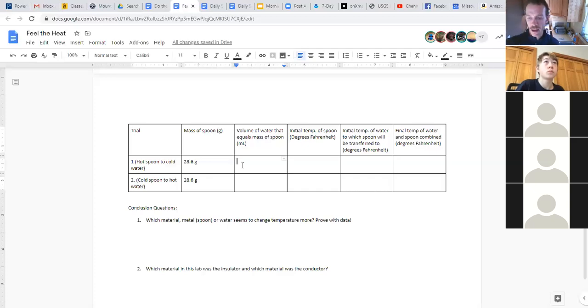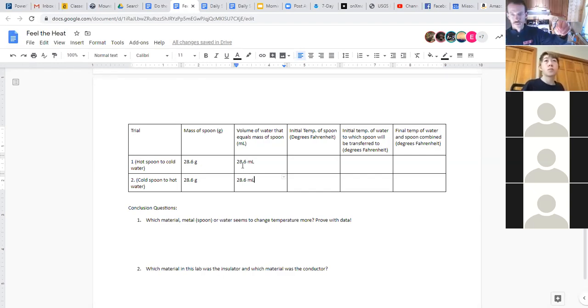So I need to use 28.6 milliliters of water to match the mass of the spoon. If anybody wants to fact check me at home, you can, but 28.6 milliliters of water is essentially 2 tablespoons.